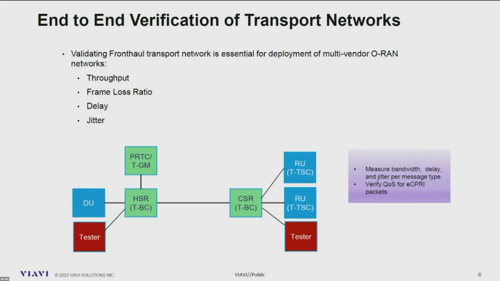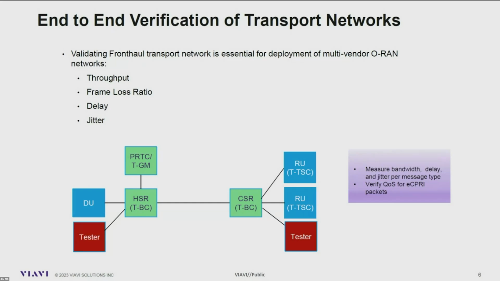For jitter, there is no specification in O-RAN. The operators can define their own. We had this discussion in O-RAN Workgroup 4, Open Fronthaul, but there was no interest in defining jitter or packet delay variation for Open Fronthaul. We will see, it will probably come later. But really, we have these three: throughput, frame loss, and delay.